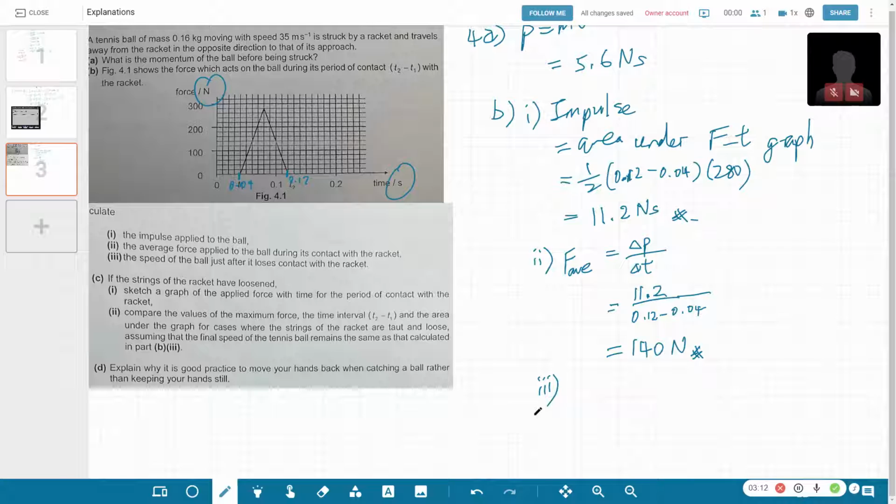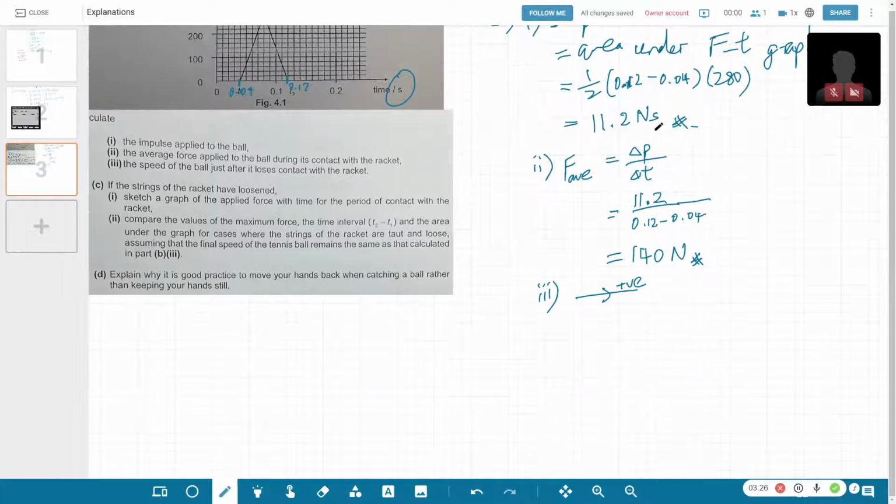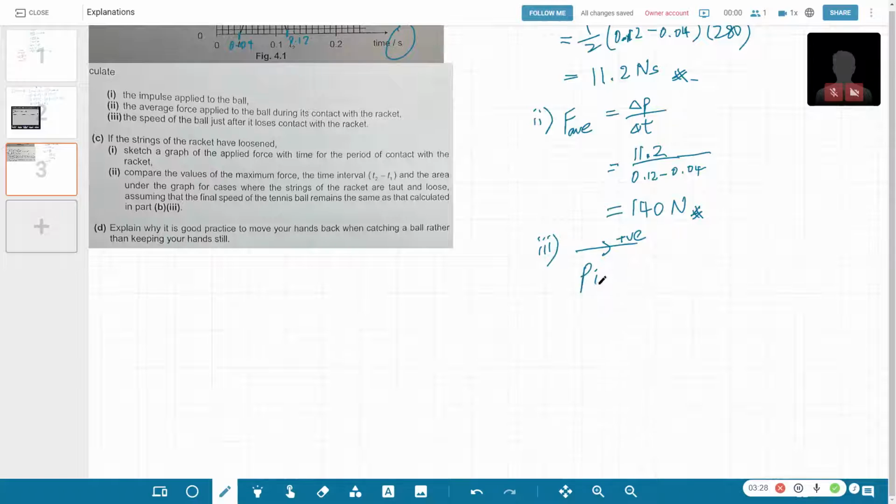Part 3, the speed of the ball after it loses contact with the racket. So it strikes and goes off in the opposite direction. Let's say we take rightwards as positive. Initially the momentum is 5.6 newton seconds. The impulse is 11.2, so there's a change in momentum, but it must be leftwards, 11.2 newton seconds.